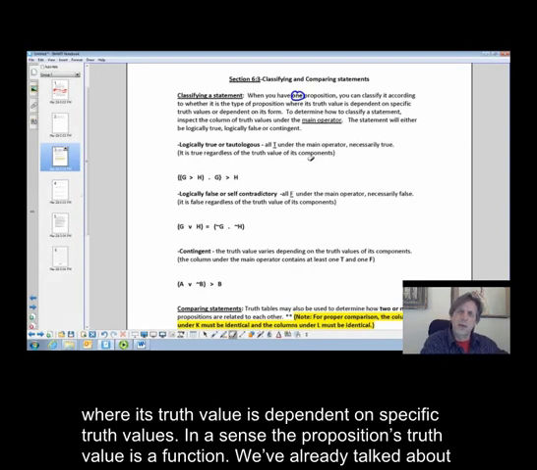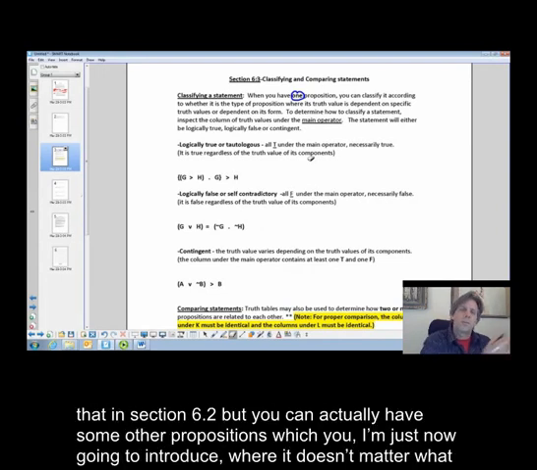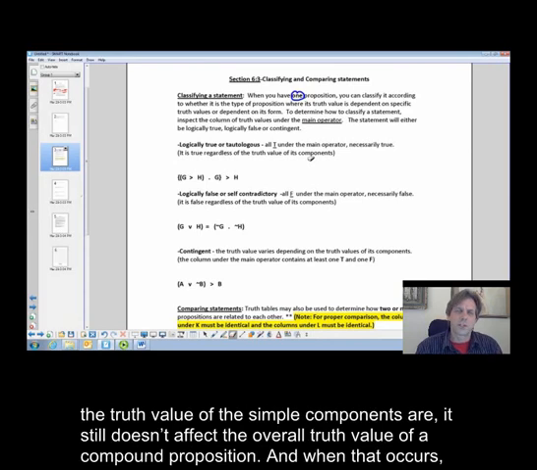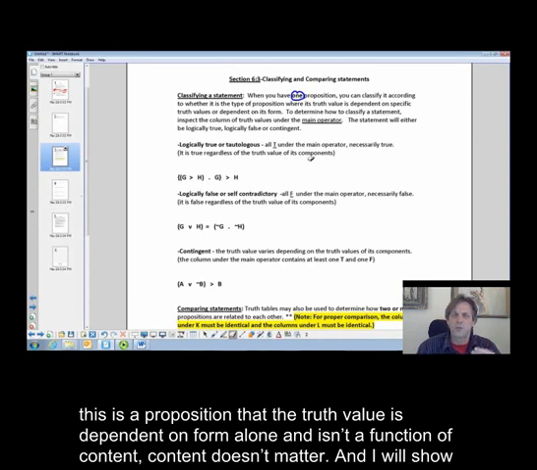We've already talked about that in section 6.2, but you can actually have some other propositions, which I'm just now going to introduce, where it doesn't matter what the truth value of the simple components are, it still doesn't affect the overall truth value of the compound proposition. And when that occurs, this is a proposition whose truth value is dependent on form alone and isn't a function of content. Content doesn't matter.